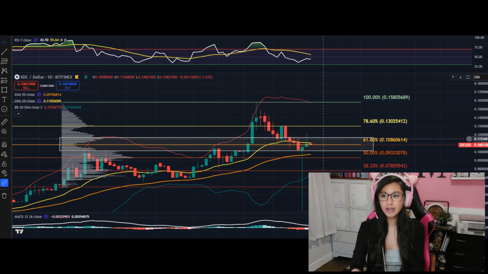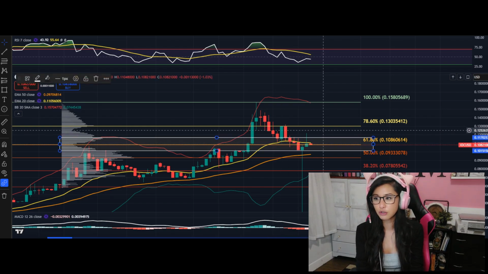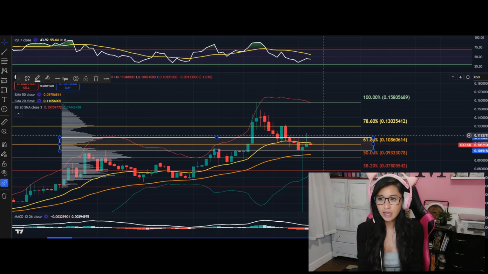So, target prices for me here, we are going to most likely consolidate before the next move because price here for XDC has moved very quickly. We are going to be taking a look at areas of resistance to beat around 11.7 and then coming down to an area of support at 10.